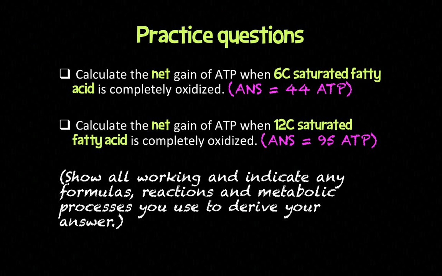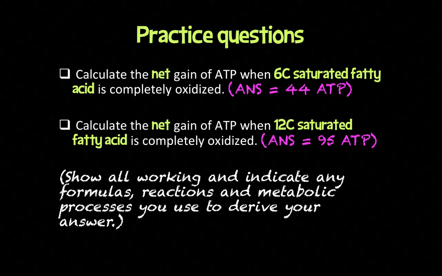So here are some practice questions, people. In the first one, you're looking at a 6 carbon saturated fatty acid, and the other one is a 12 carbon saturated fatty acid. You're going to be doing the calculations like how I showed you. Please go back to the statement if you haven't written it down yet, and make your statement for these examples mirror what I have done.